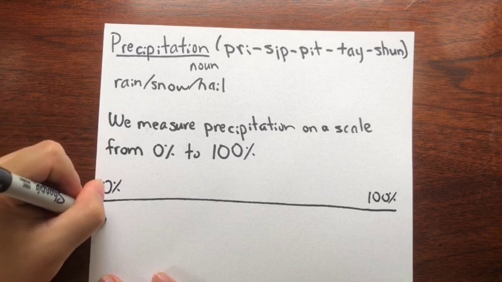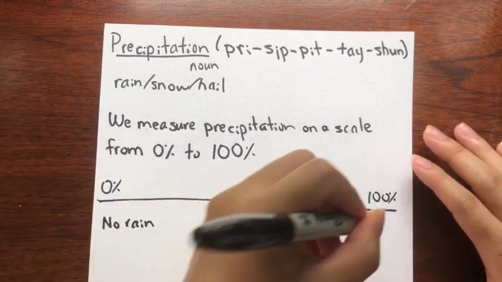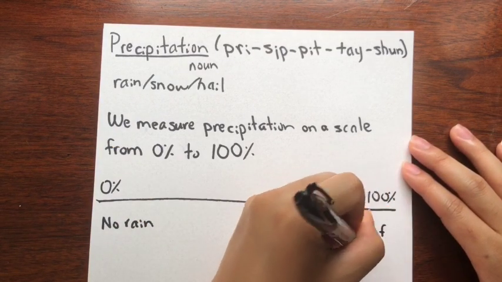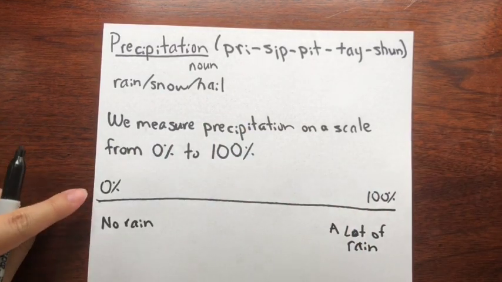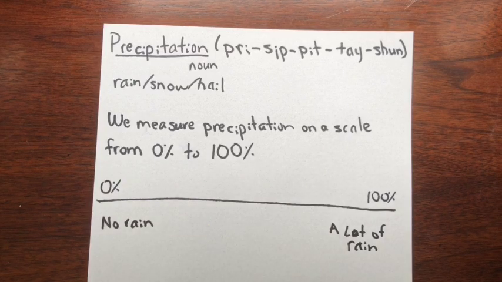So at 0, we say there's no rain. And at 100, there's a lot of rain. At 0, there's no rain. At 100%, there's a lot of rain.